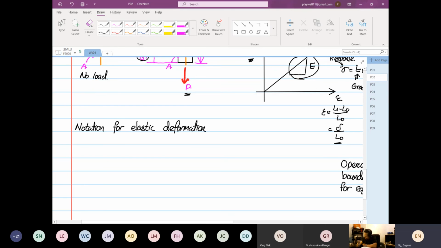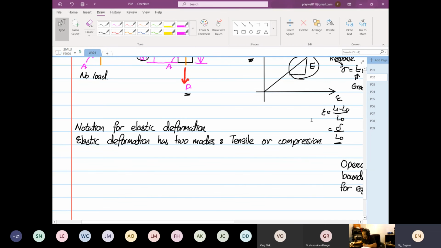Elastic deformation has two modes. It can be either tensile or compression.